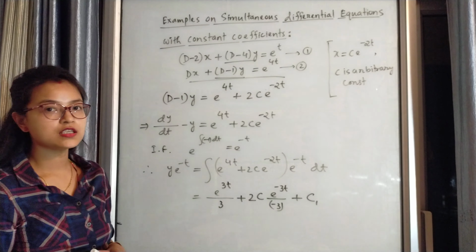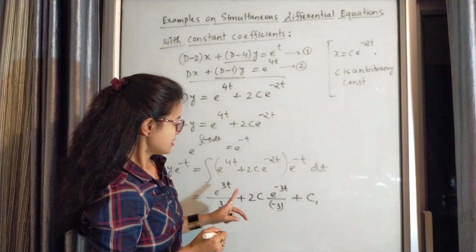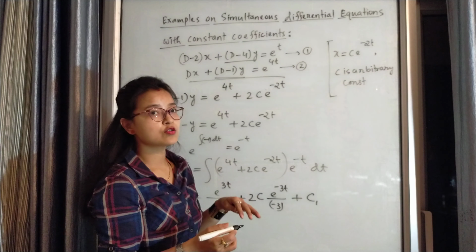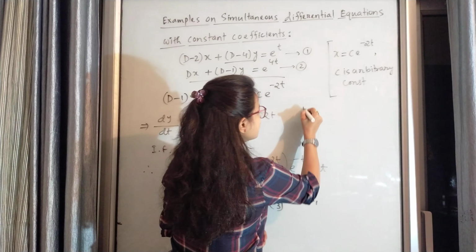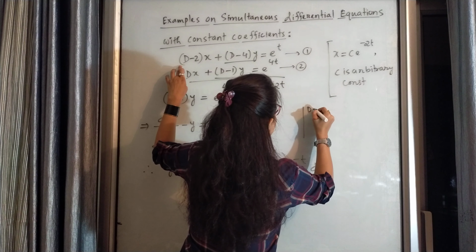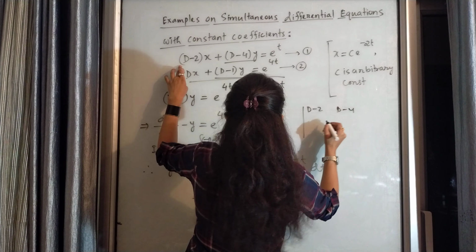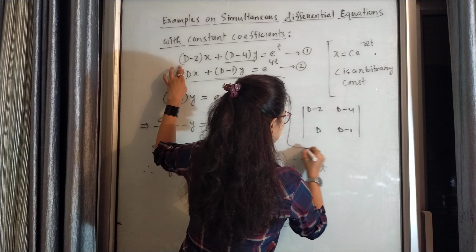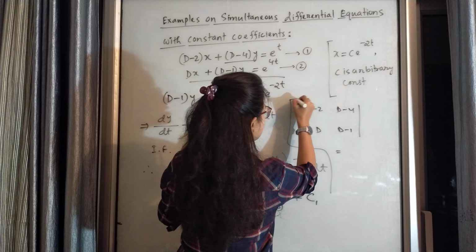As explained in the theory part, the number of independent arbitrary constants in the general solution of the system is equal to the order of the operator D in this determinant. So let's quickly find the determinant value here.